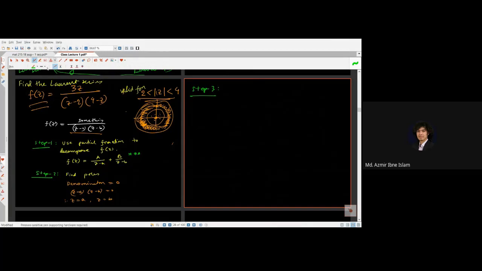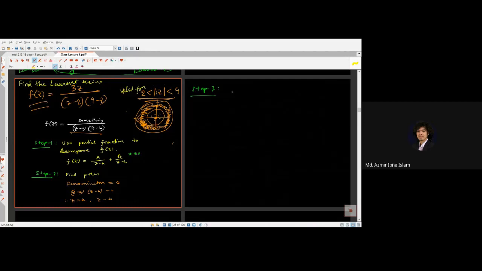You have to look that for every pole, we don't need to think about the order of the poles. This time we don't need that. We are going to find the Laurent series. So this time we have to check the region, because for every pole there will be a region. You can see we have the region 2 less than modulus of z less than 4. So there must be a region given in your question.